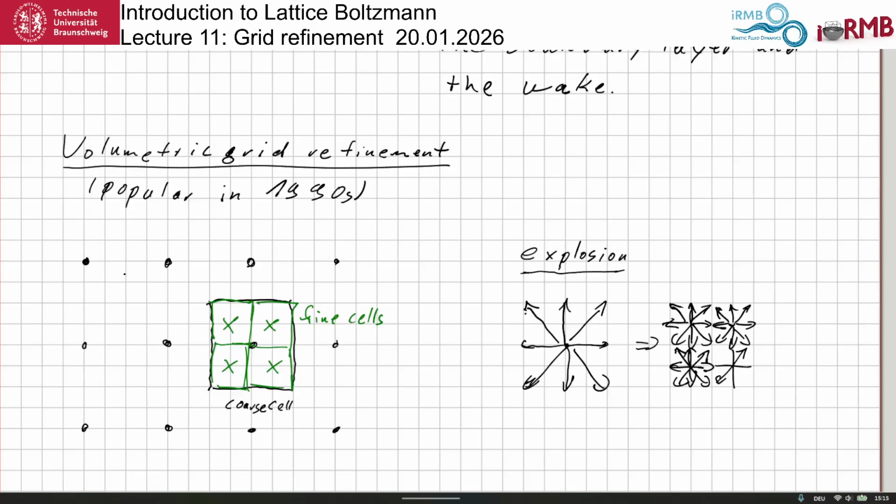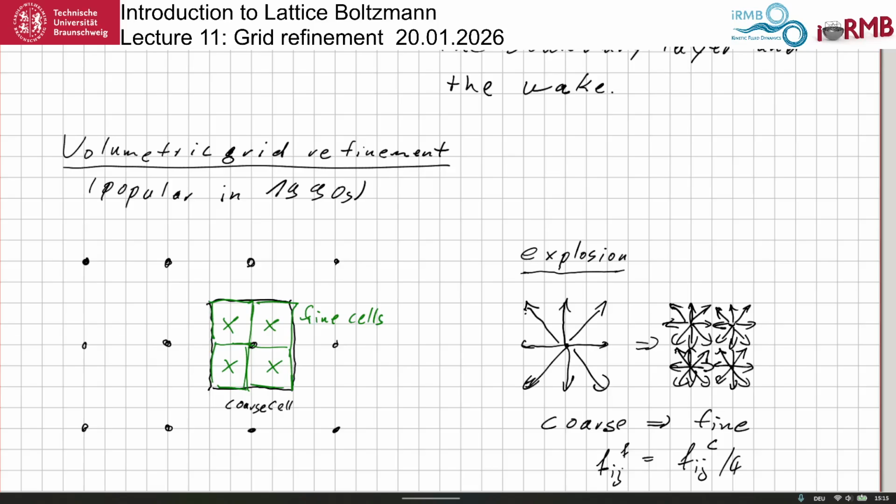I guess you can imagine what I mean. So this is an explosion, which means we go from coarse to fine. They called it explosion, not I. So F_ij fine is simply F_ij coarse divided by 4.